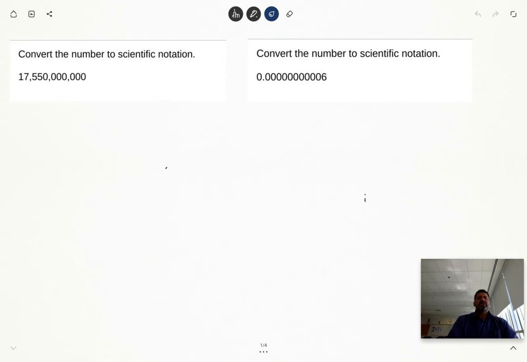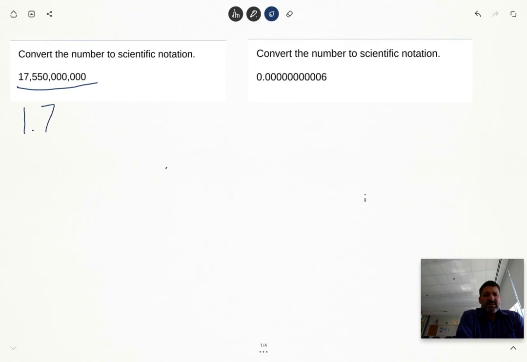Okay, so what is scientific notation? In scientific notation, your number can have one digit in front of the decimal point. So if I'm going to take this number here, I would write it as 1.755.